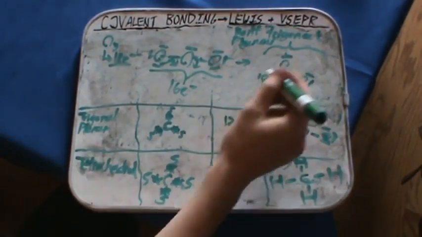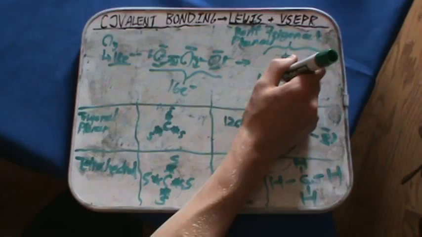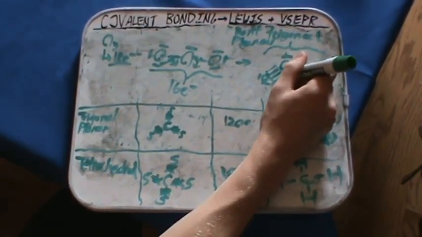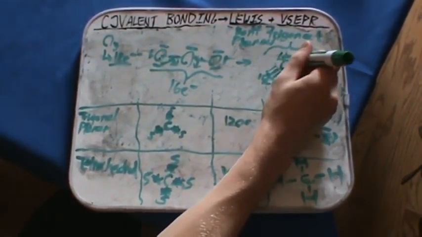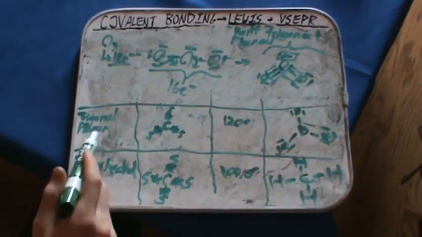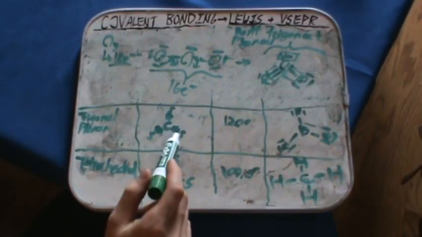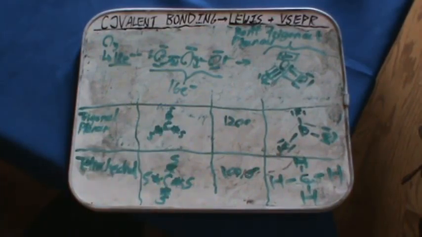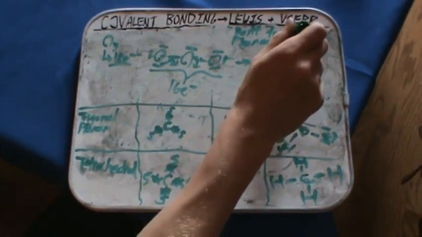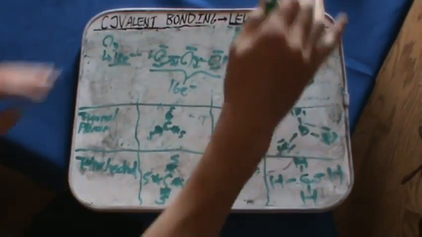And this is because there are 3 areas of electron density around the central oxygen. This is why it is related to the trigonal planar, which normally just has 3 bonded pairs of electrons around a central atom. Here there is a non-bonded pair, and that's why it is bent.